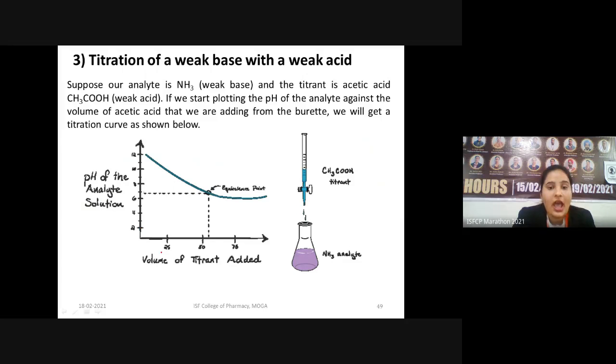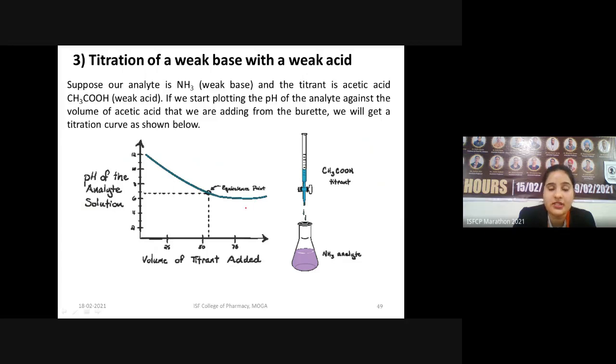As the volume of the titrant, that is acetic acid, is increasing, acetic acid is going to lower down the pH of the solution. So with the addition of titrant, in this case the pH is going to decrease.